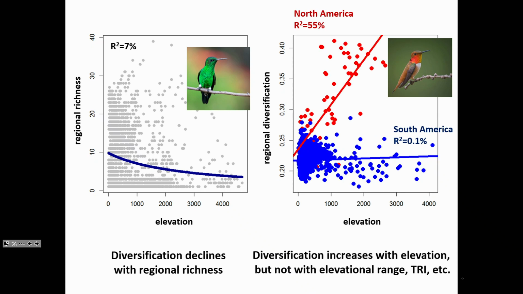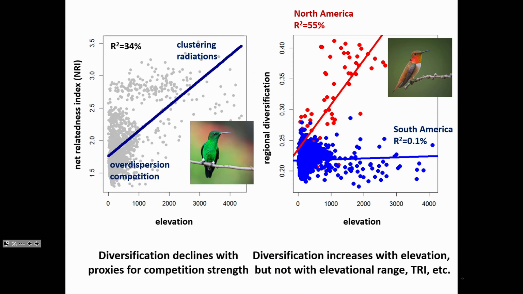And this pattern becomes even more pronounced when I divide the data into North America and South America. Right? So in the species-poor North America, the species-poor mountaintops accumulate new species the fastest. So it's the species-poor regions of the species-poor regions that accumulate new species the fastest.